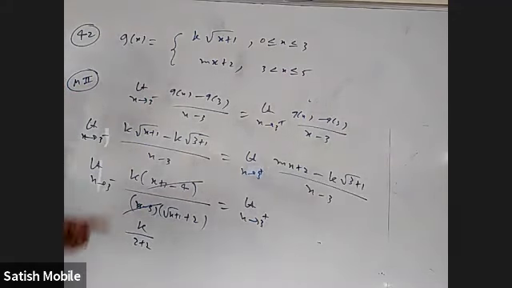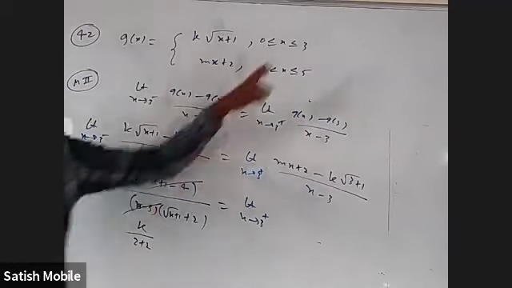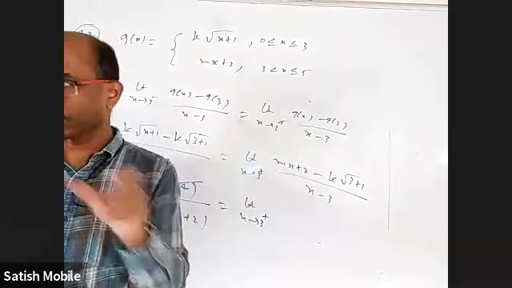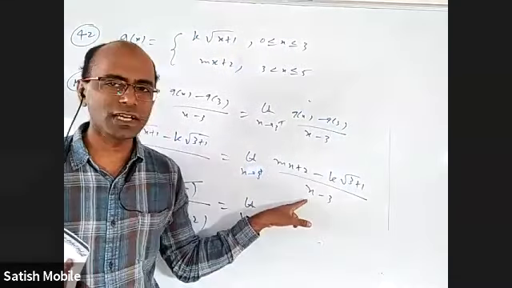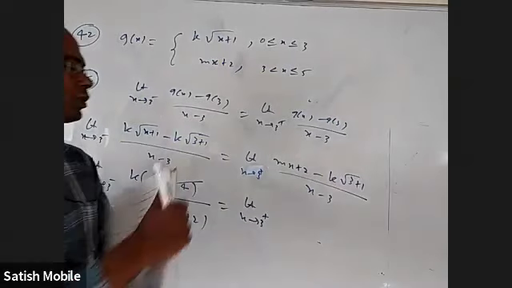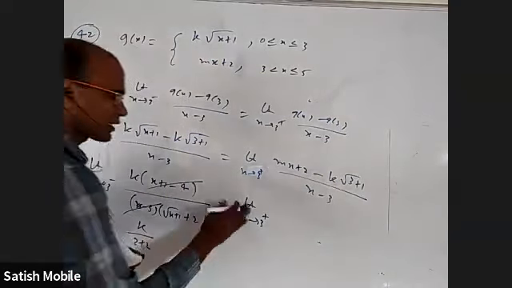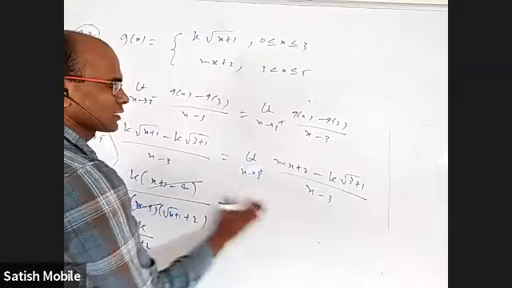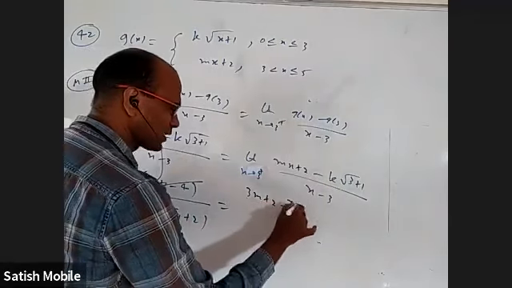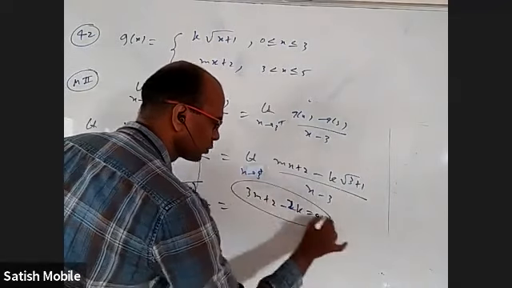But we want the limit to exist and we want it to be finite. That's not the same example that I gave. This total limit is a constant, some fixed number, and the denominator is tending to 0. What should the numerator tend to? 0. Okay. So here you have to understand well before. For this limit to exist, first of all, 3m plus 2 minus 2k must be 0.